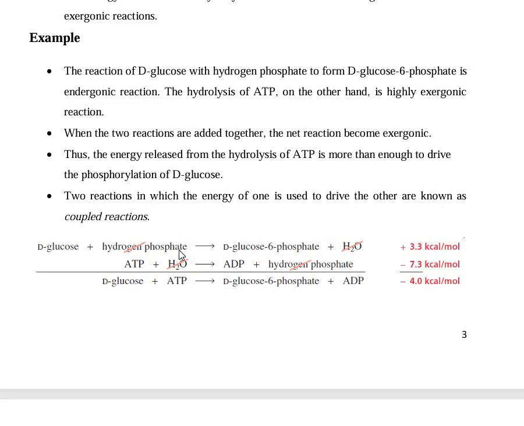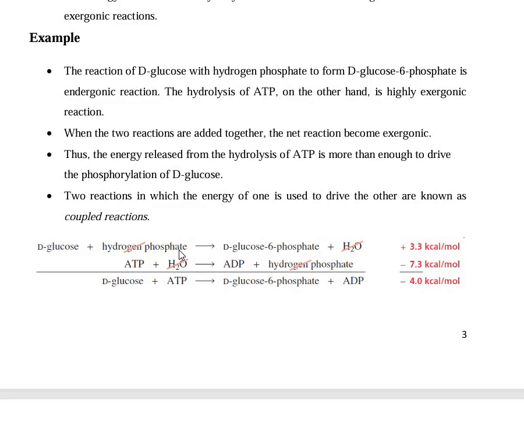When the two reactions are added together, the net reaction becomes exergonic. The energy released from the hydrolysis of ATP is more than enough to drive the phosphorylation of D-glucose. Two reactions in which the energy of one is used to drive the other are known as coupled reactions.